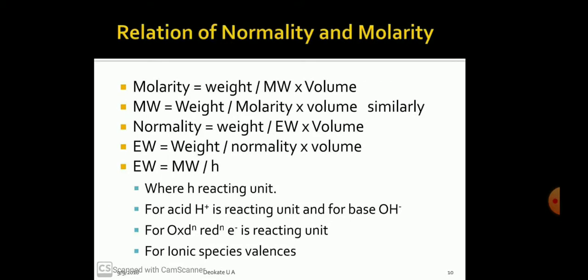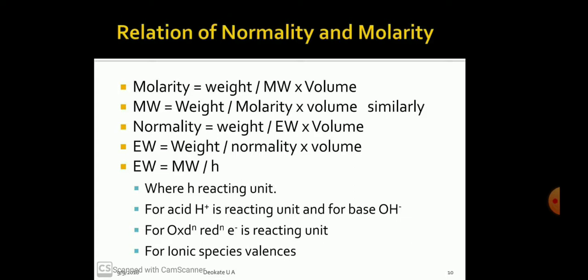Relations of normality and molarity, or the difference between normality and molarity. Firstly, molarity is equal to weight divided by molecular weight times volume. Molecular weight is equal to weight divided by molarity times volume. Similarly, normality is equal to weight divided by equivalent weight times volume.